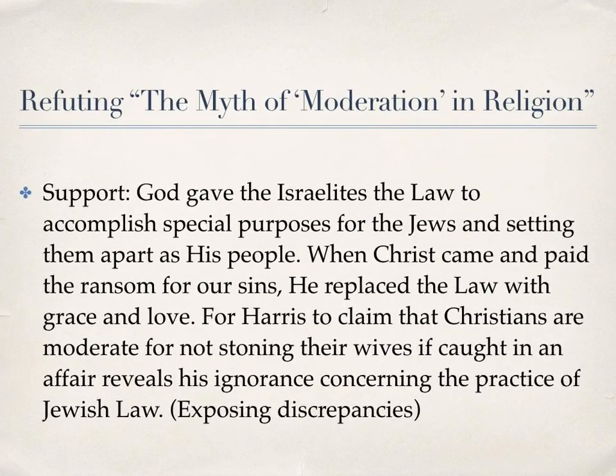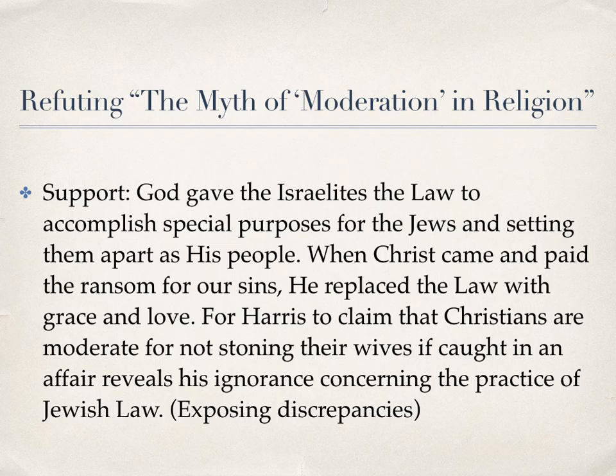From there, I'll go into my support, and remember that the support is the bulk of the paper. You'll have paragraph upon paragraph of support. And so in some of my support, I'll expose the discrepancies. I'll use proof based on the Bible in this instance, and I'll use my logic.